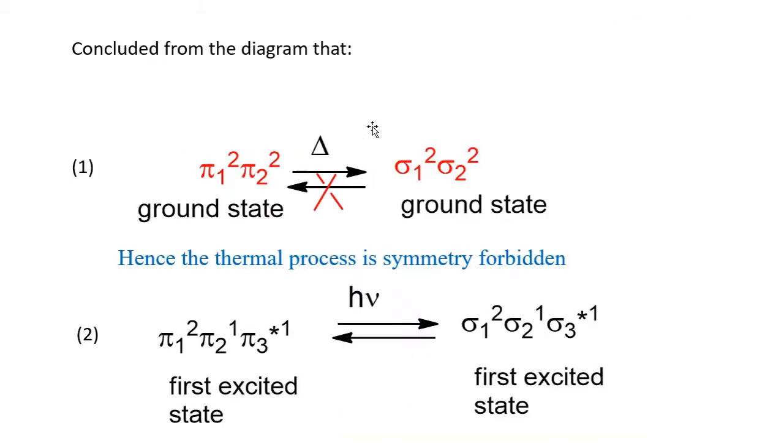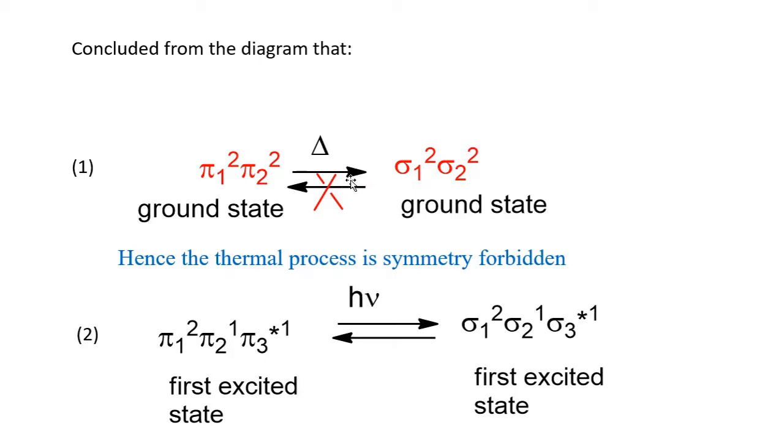The same result can be indicated like this also. That is pi 1 square, pi 2 square, the ground state molecular orbitals of the reactant, where the total 4 pi electrons occupy 2 electrons each in the pi 1 and pi 2 molecular orbitals. That is the ground state.